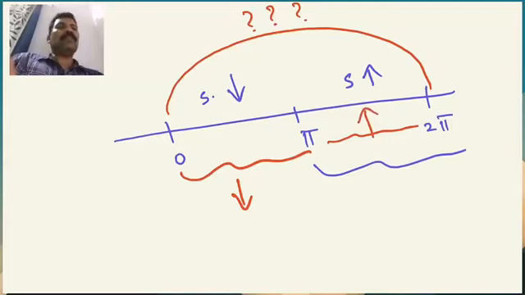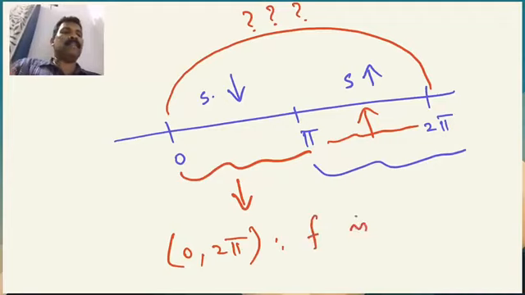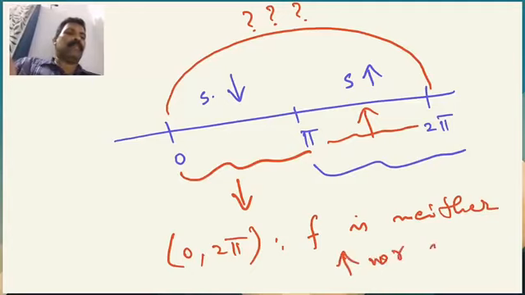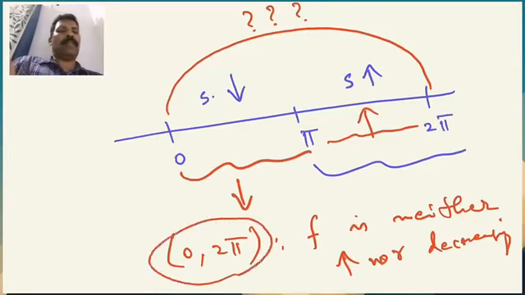So for the total interval 0 to 2 pi, we can say that the function is neither increasing nor decreasing. That means we can't say whether it is increasing or decreasing for the total interval 0 to 2 pi.